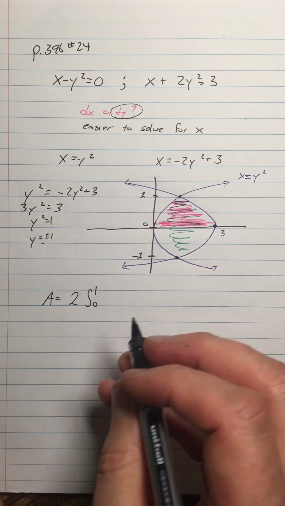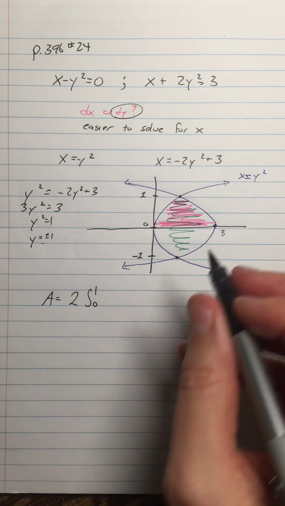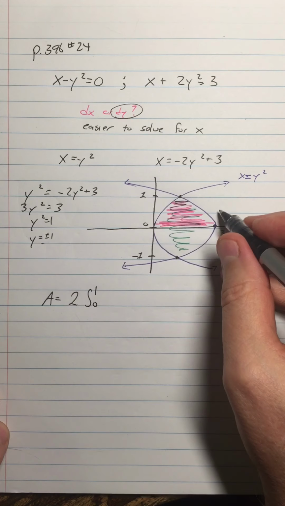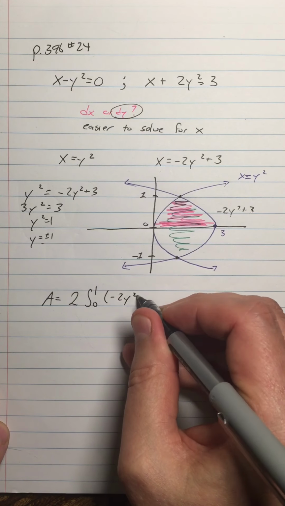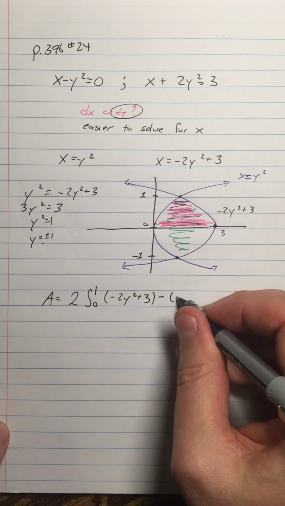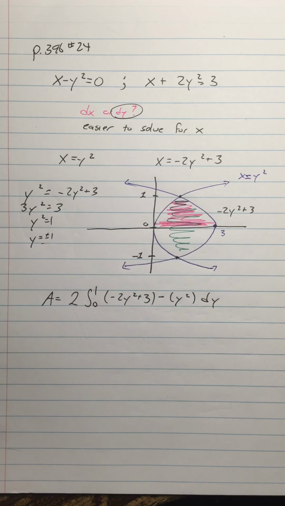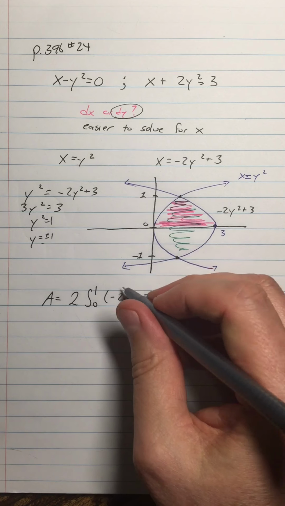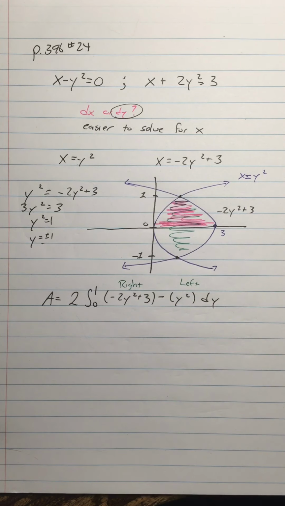All right, now I have to go the right function minus the left function. So I have to know that this negative 2y squared plus 3, that was the function on the right. So negative 2y squared plus 3 minus y squared, and don't forget to put your dy there, right? So what you're doing here is you're doing the function on the right minus the function on the left, because that's going to give us a positive area.